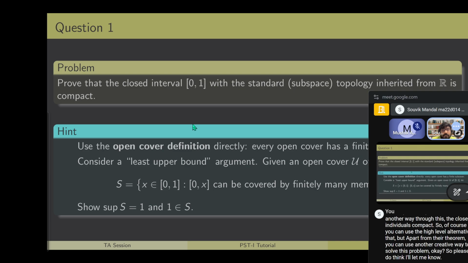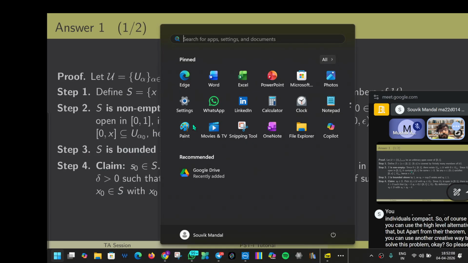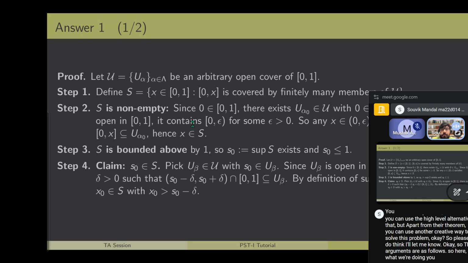Okay, so the arguments are as follows. Here we're choosing an arbitrary open cover U alpha. We're defining X to be the set of points in the closed interval 0 to 1 such that the interval 0 to x is covered by finitely many of these sets. First of all, X is not empty. Why?